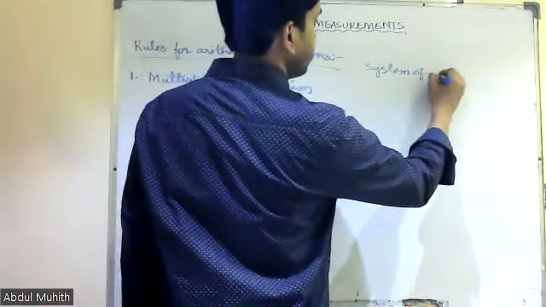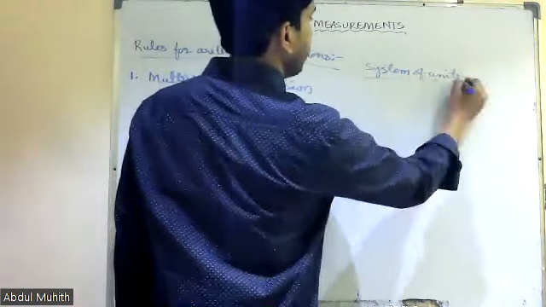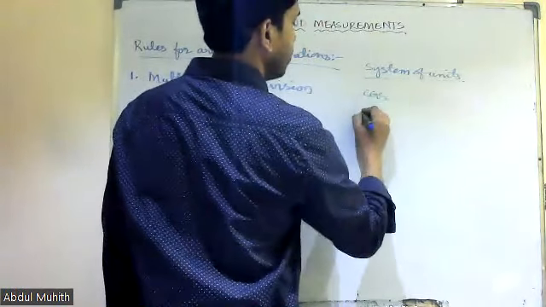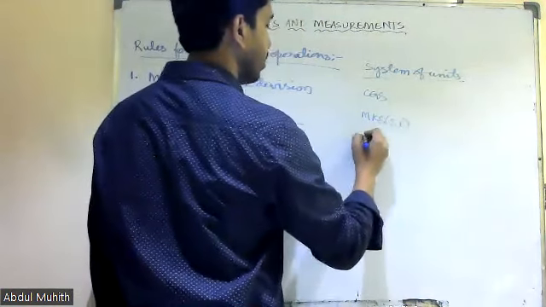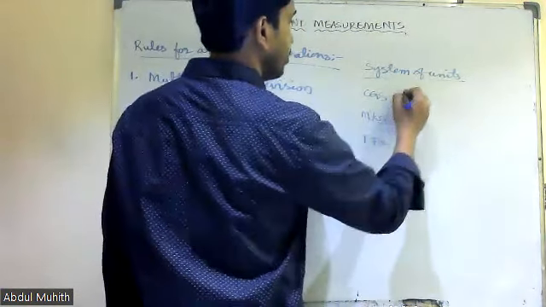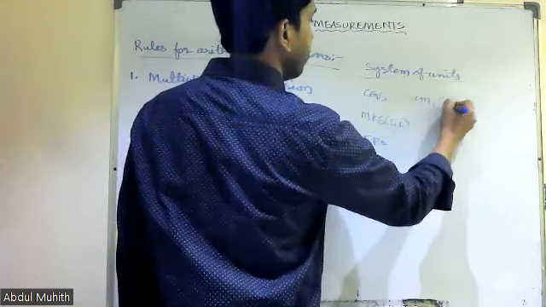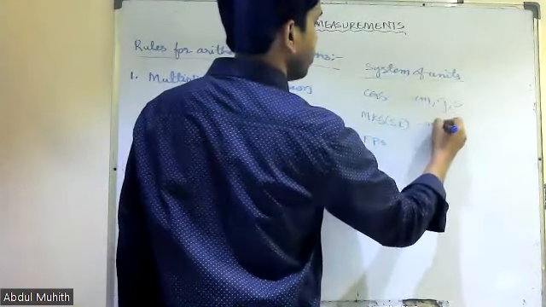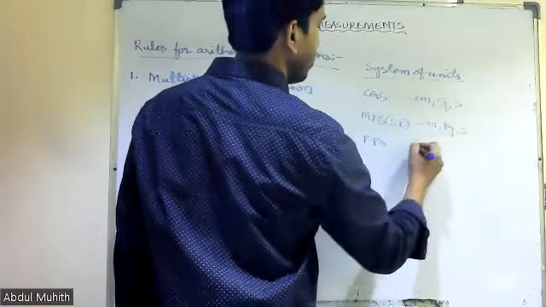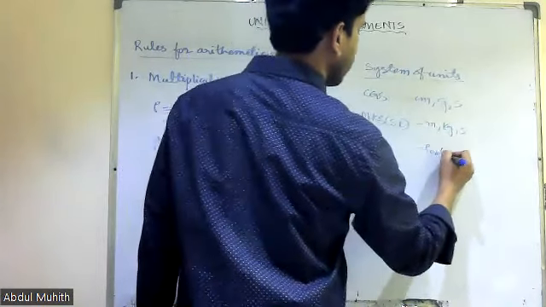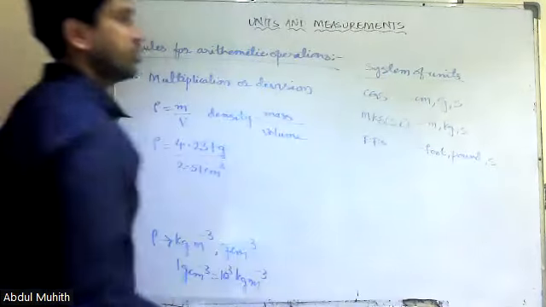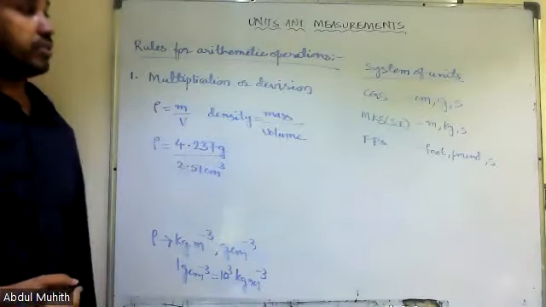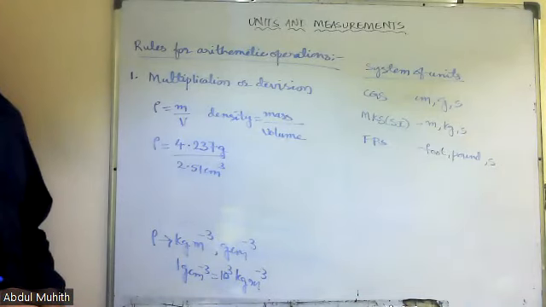In system of units, we have 3: CGS, MKS, which is also known as SI, Standard International, and FPS. These are centimeter, gram, second; meter, kilogram, second; and foot, pound, second.